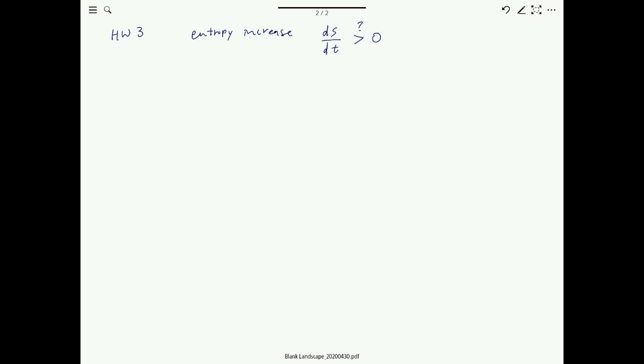Okay, so in general, for a closed system, the entropy does not increase, right?